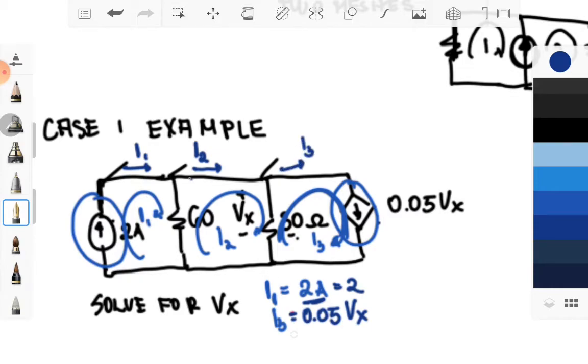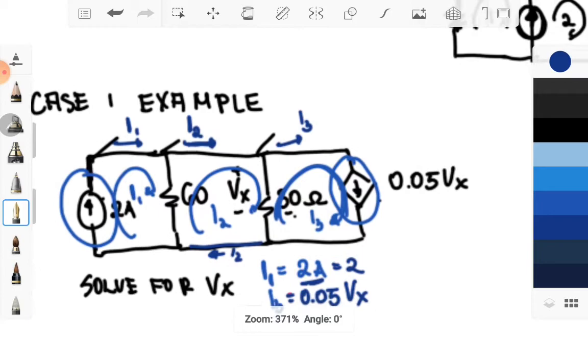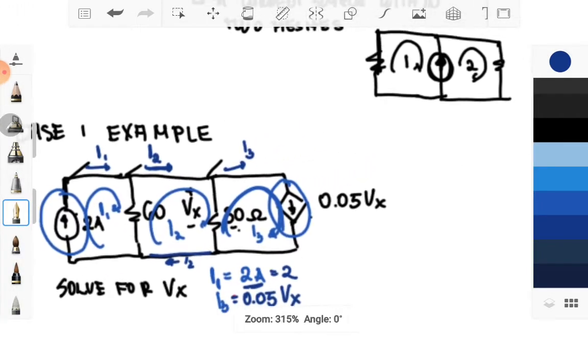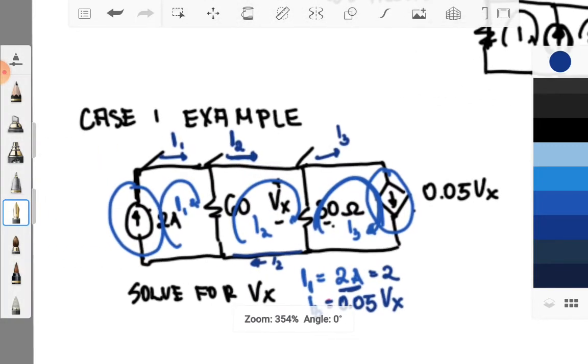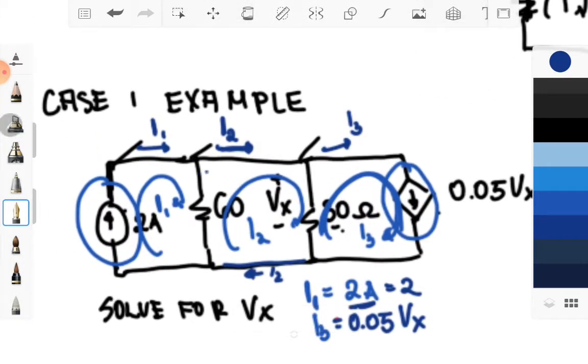So, take note, itong I3 and I2 na to, this is the only current that is walang pakialam yung I1. So, therefore, this is your pure I2. Ito. Pati papunta dito, pure I2 yan. Okay? So, at 60 ohms, so we have our mesh analysis at 50 ohms. So, I will call it as I23 because my original or base loop will be my loop 2.